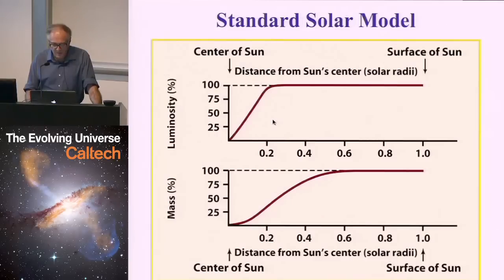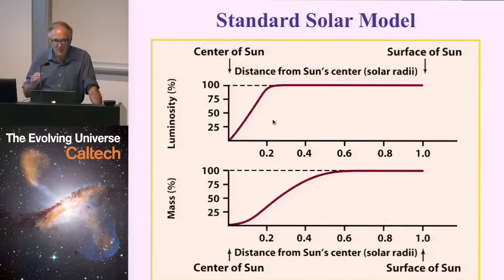So here is a sort of simplified version of what's now called the standard solar model. And people do all the computation properly. And this is how mass and luminosity generation goes with radius. So in the very center, you don't have anything. Then as you go further out, you encompass more and more volume in which nuclear reactions happen.